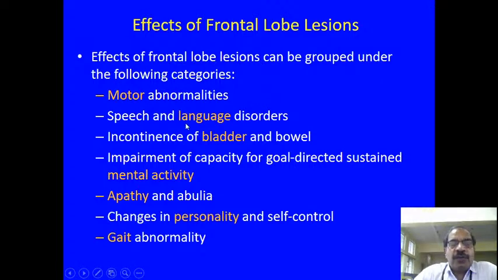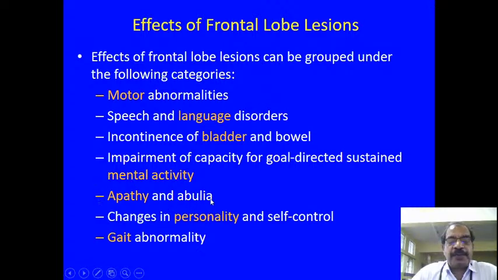And if there is involvement of the Broca area on the left side of the frontal lobe, various language dysfunctions will come. And if the lesion affects the cingulate gyrus and adjacent part of the frontal lobe, there will be dysfunction of the bladder and bowel. And also, if the anterior part of the frontal lobe is affected, then there will be various cognitive dysfunctions, like executive functions may be affected, decision making may be affected, and also interaction with the surrounding people or surrounding atmosphere, how the patient reacts or does not react.